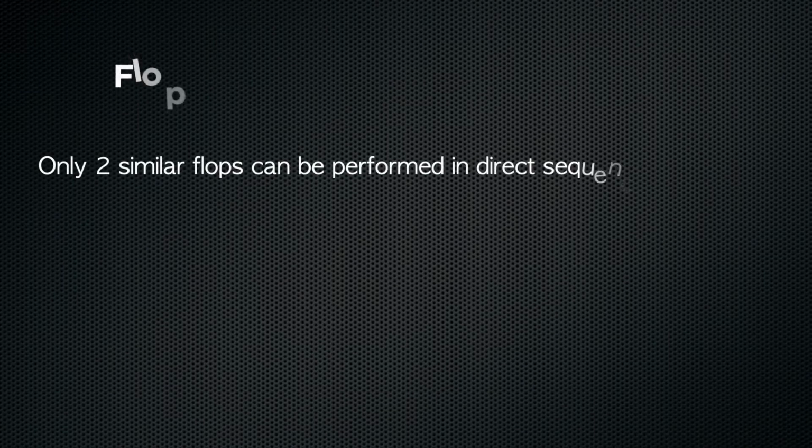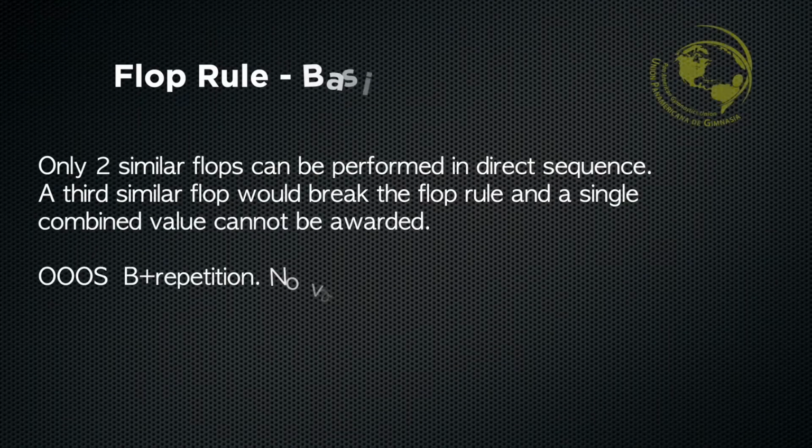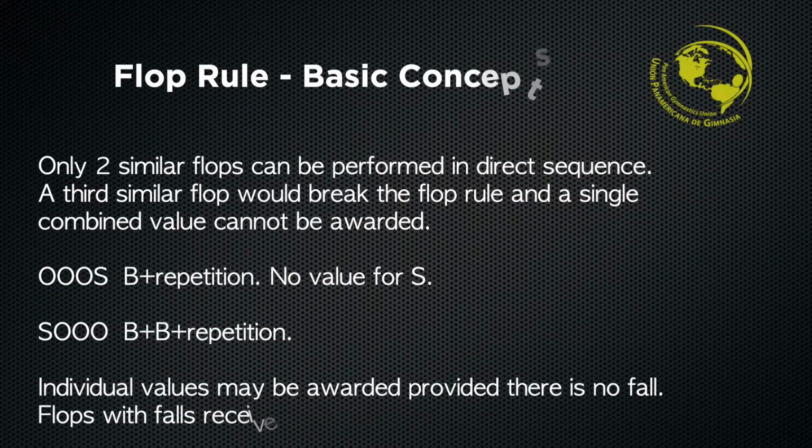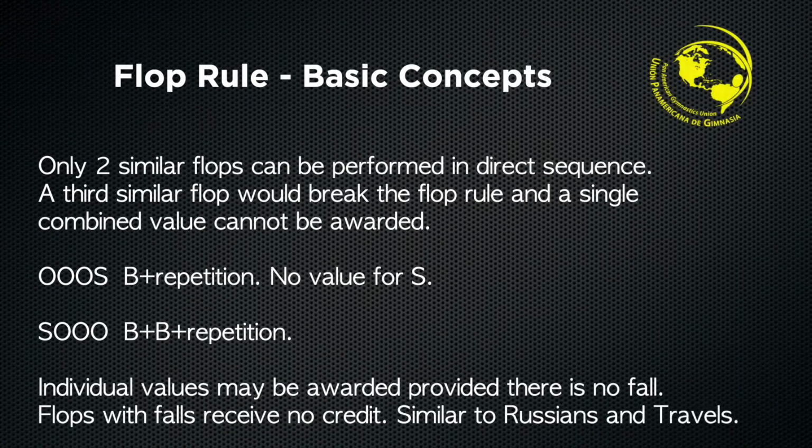Another basic concept is that only 2 similar flops can be performed in direct sequence. A third flop would break this rule, and a single combined value could not be awarded. For example, if a gymnast performs a loop, loop, loop, and then a Stockley, the value would be a B plus repetition, and the 4th component would not receive value either, so no value for the last Stockley.